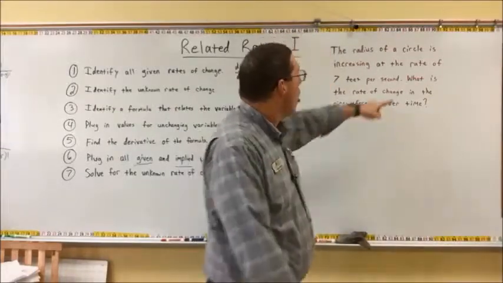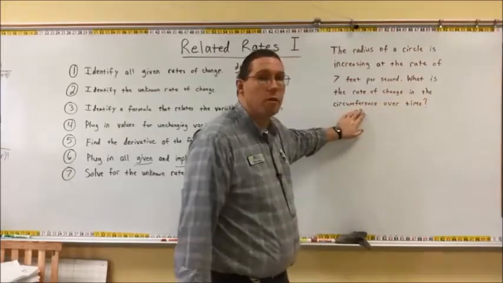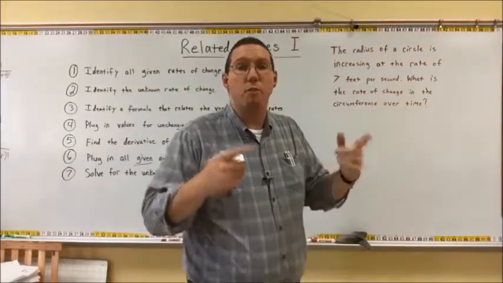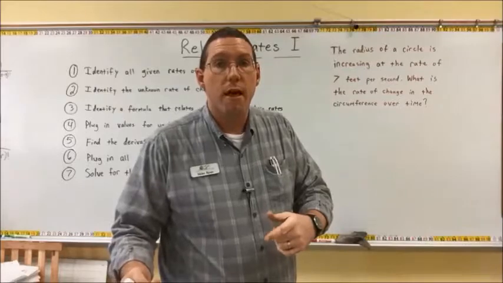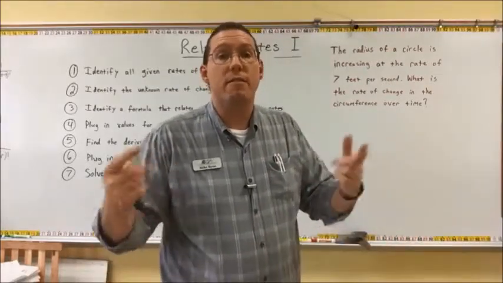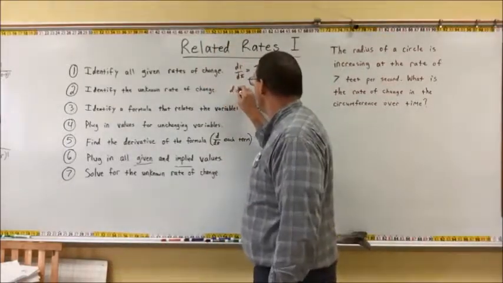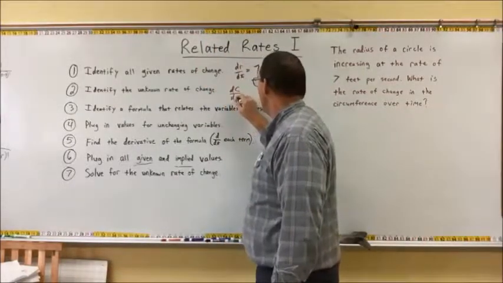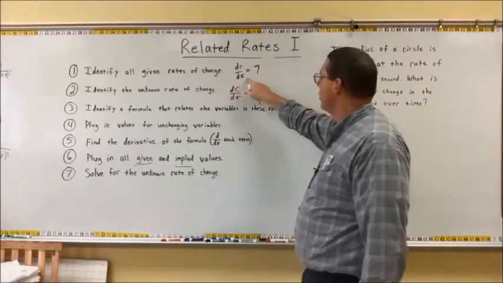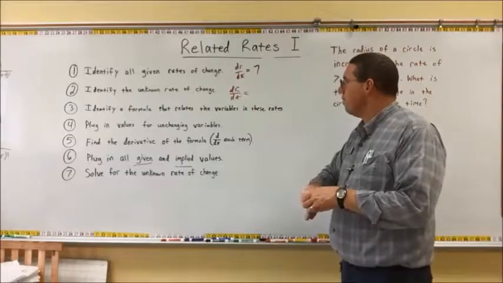Well, it says, what is the rate of change in the circumference? Circumference is C, so that's going to be dC/dt. So we're given the rate of change in radius, and we want to know the rate of change in circumference.